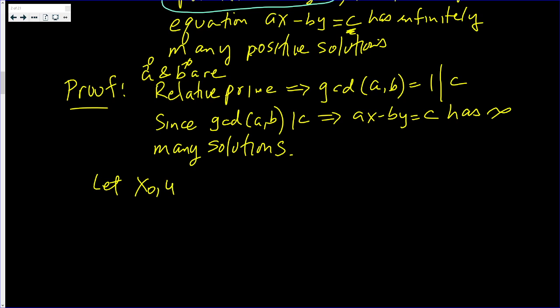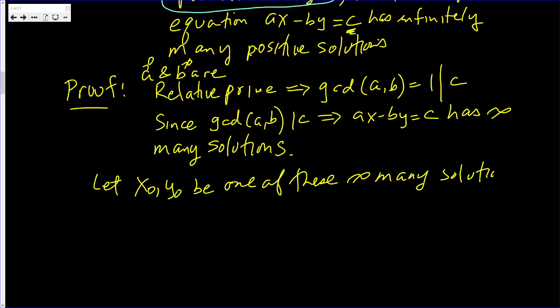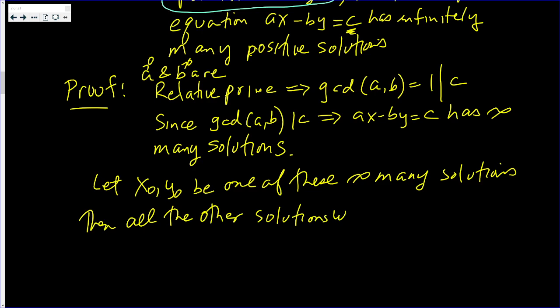Let x0, y0 be one of these infinitely many solutions. Then all the other solutions will be in a special form.